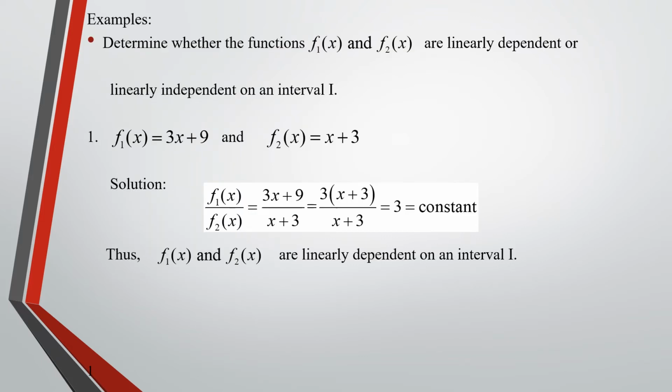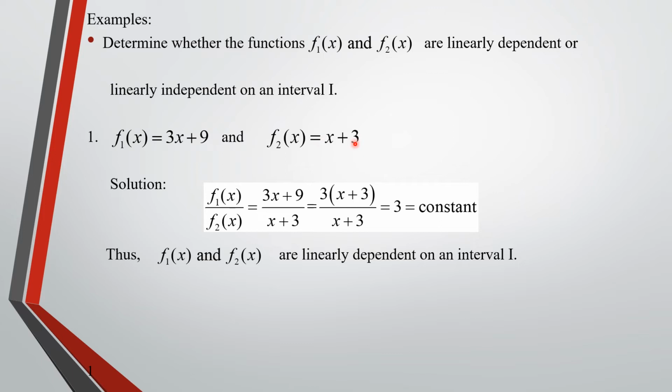Here are some examples. Determine whether the functions f1 and f2 are linearly dependent or linearly independent on an interval I. Question number 1. f1 of x equals 3x plus 9 and f2 of x equals x plus 3.